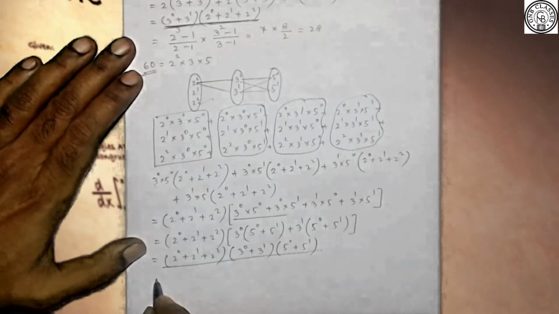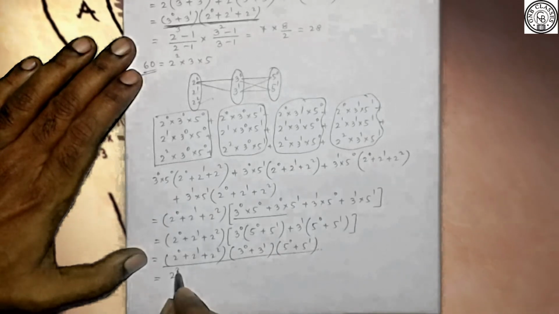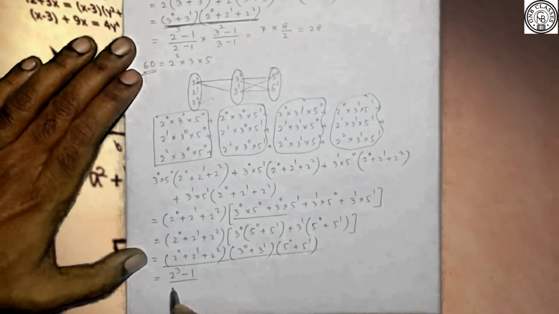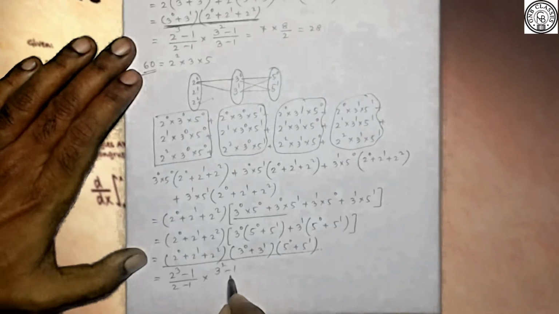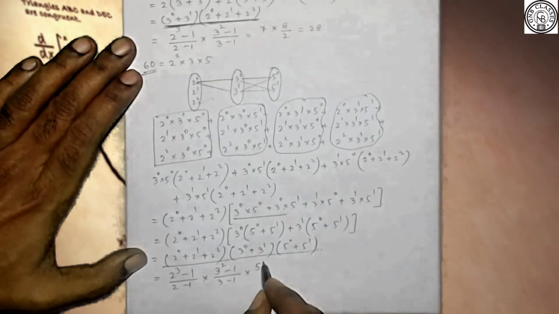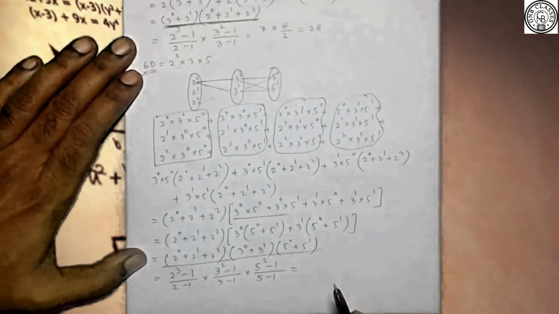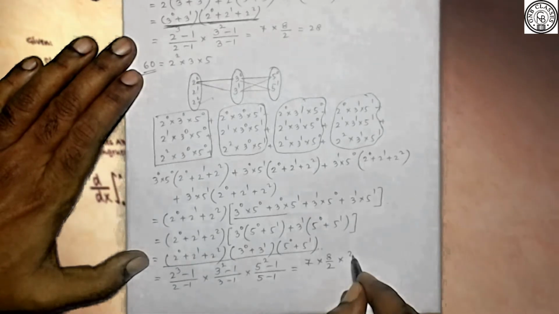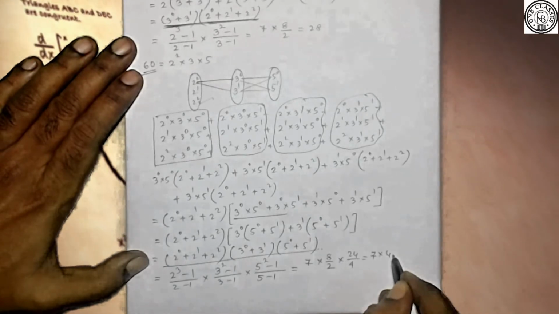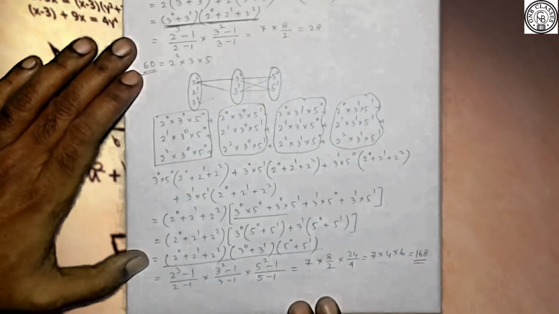So what will be the sum? The sum will again be, applying the GP series, we are getting the answer, it's coming to 168. Is it clear?